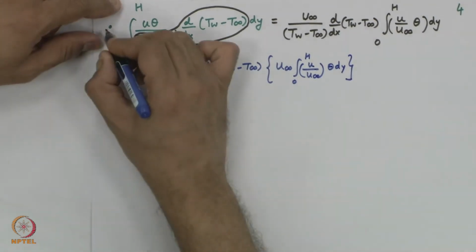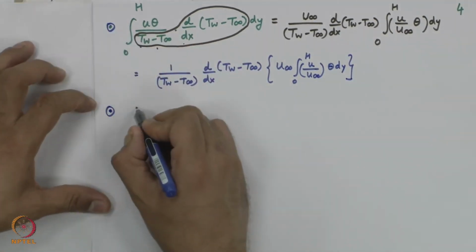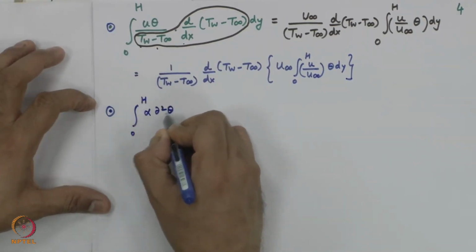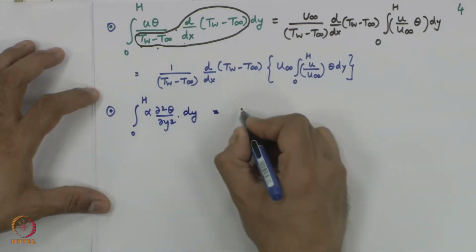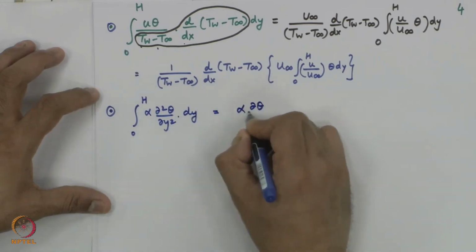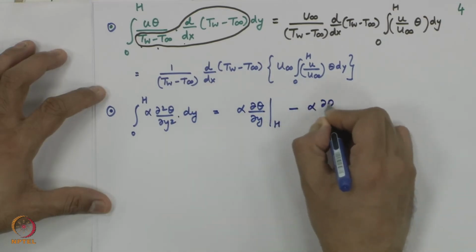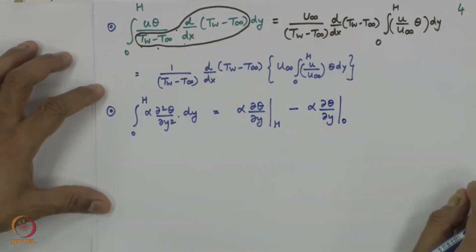Fourth term, that is the thermal diffusivity, alpha d squared theta by dy squared dy, is nothing but alpha d theta by dy evaluated at h minus alpha d theta by dy evaluated at the wall.